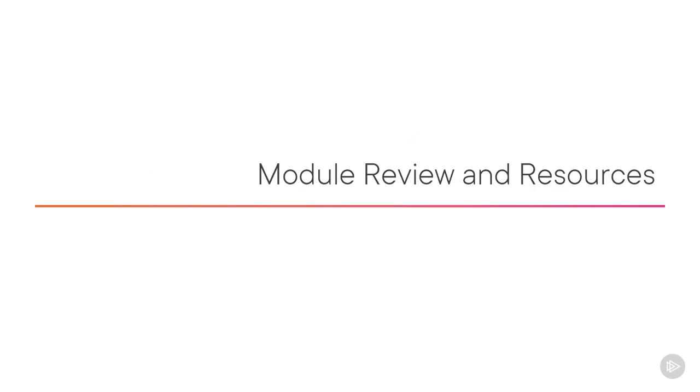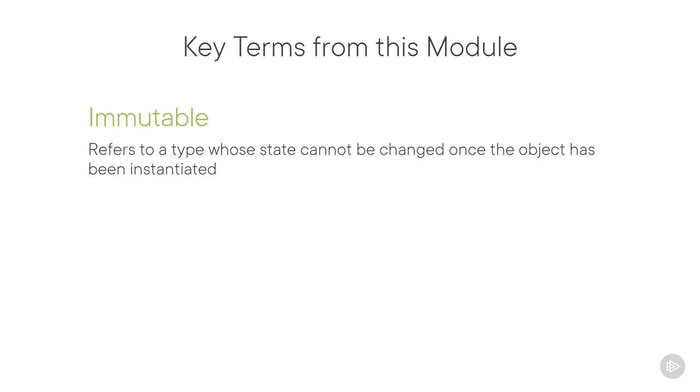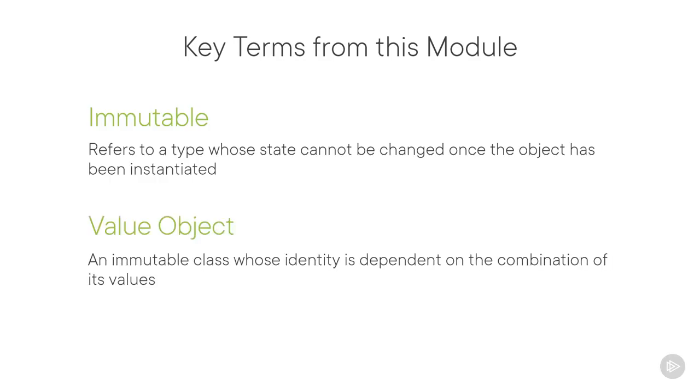Let's review some of the important terms you learned in this module. You heard us talk about immutability, which is a really critical attribute for value objects. And immutability just means once an object has been instantiated, you can't change the value of any of its properties. Another important term we learned about is the value object.